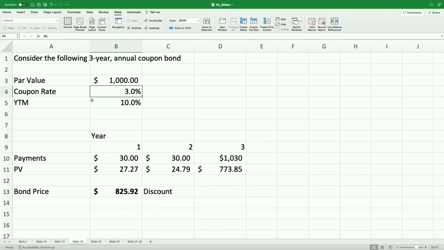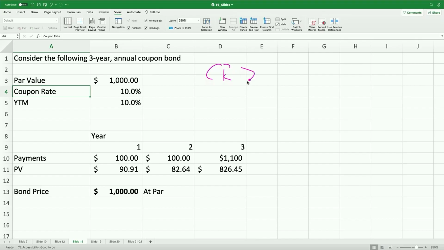Now, I think you can see where this is going. What if I pick a coupon rate equal to the yield to maturity? Okay, so it's equal to 10%. I'm going to get a bond price which is exactly at par. So let's summarize. When the coupon rate is greater than the yield to maturity, the bond trades at a premium to par.